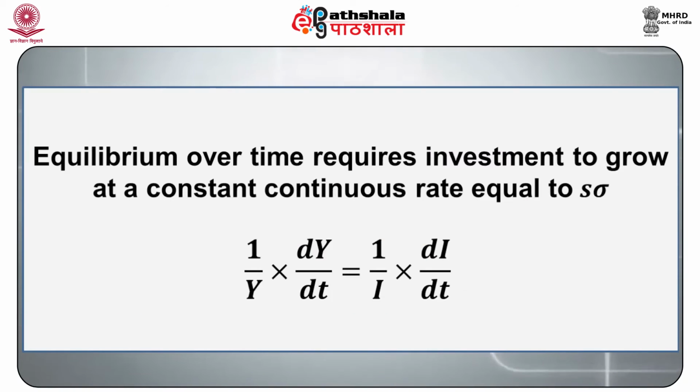This condition implies that equilibrium over time requires investment to grow at a constant and continuous rate, which is equal to S into sigma. Equations 1, 5 and 6 together imply that 1 upon Y multiplied by dY upon dt is equal to 1 upon I multiplied by dI upon dt. This implies that output grows at the same rate as investment, that is S into sigma.